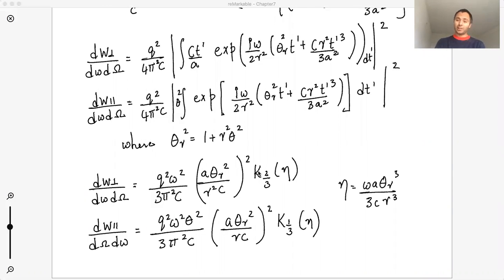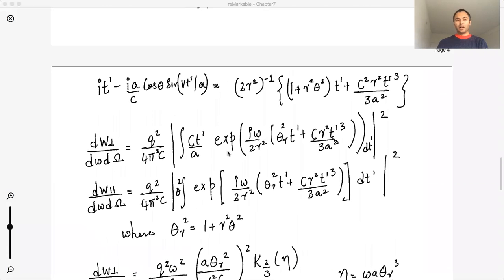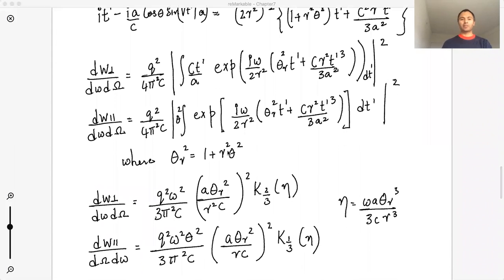Now it's of fractional order. So it's K, the function of fractional order 2/3 and 1/3. Again, I don't expect you to be able to derive all of this in real time, but I just want to show you the steps involved and where all of these results are coming from.